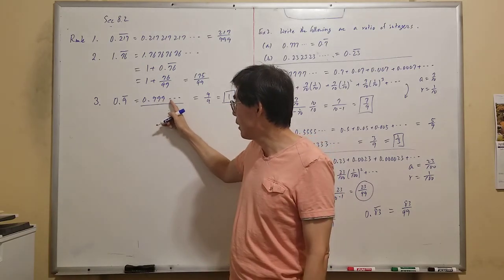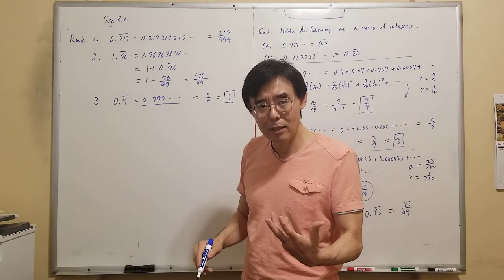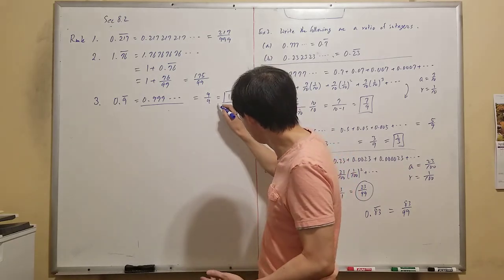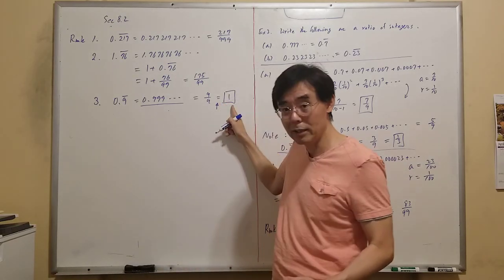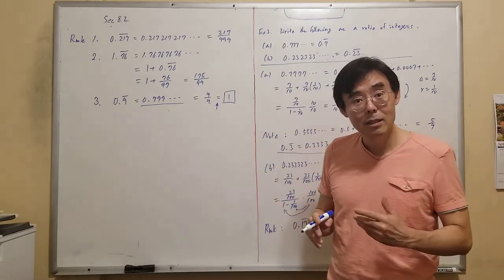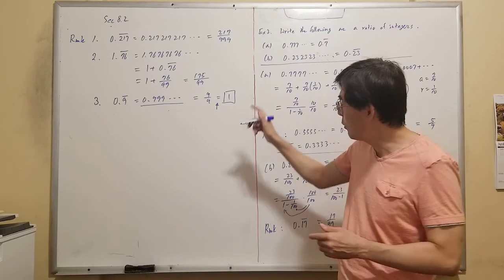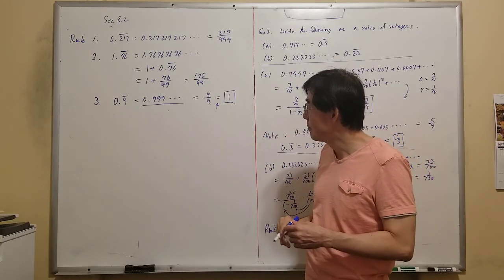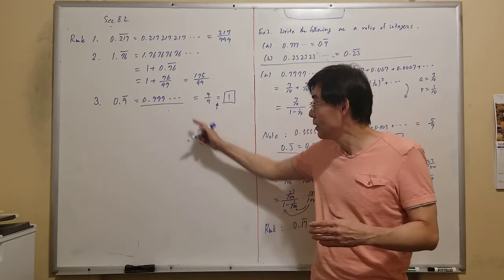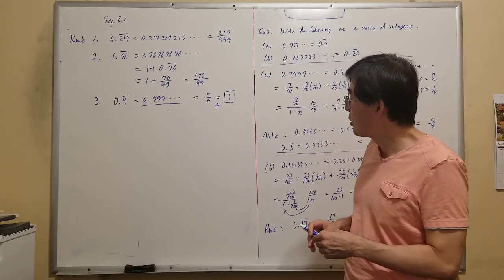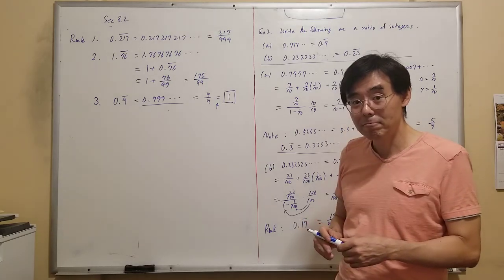The fact that you have 9 means that it is not 1. It is less than 1. But here I say equal to 1, not approximately same as 1, right? Is it really 1? Don't you feel that this is something a bit strange, right?